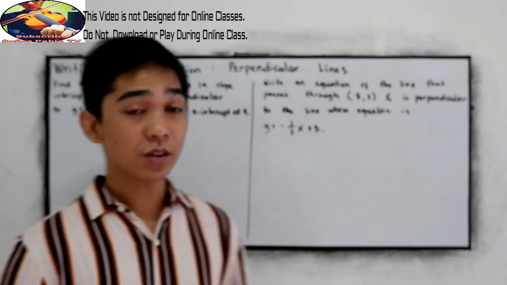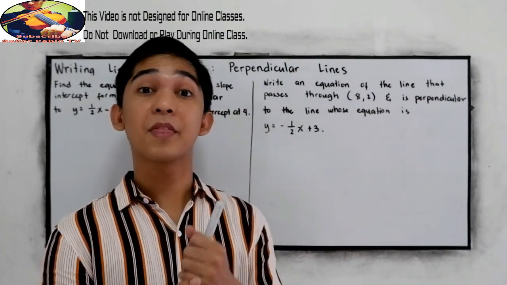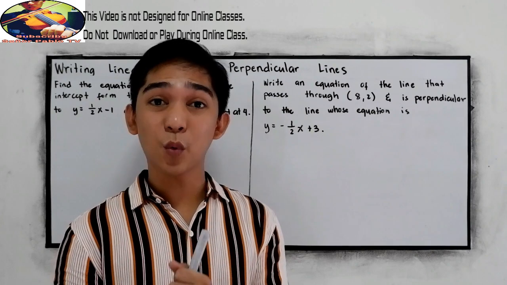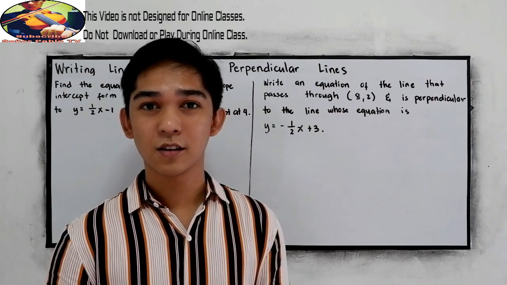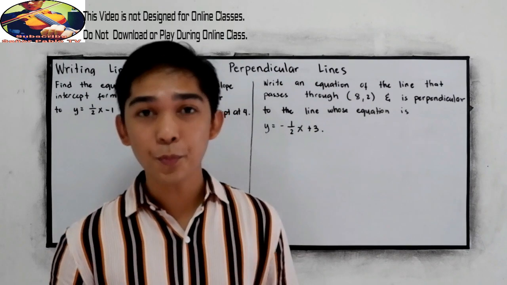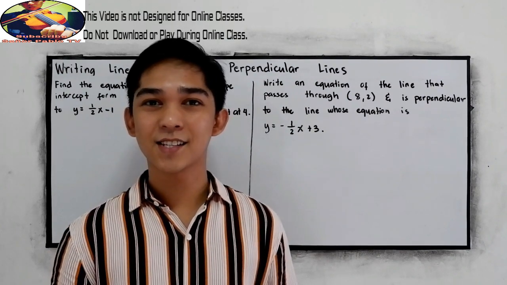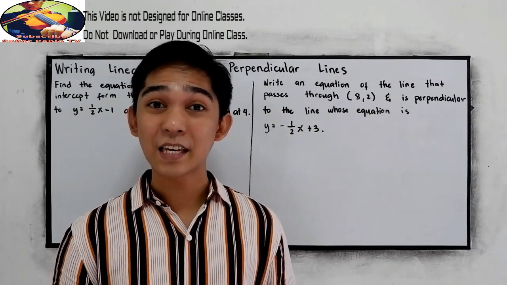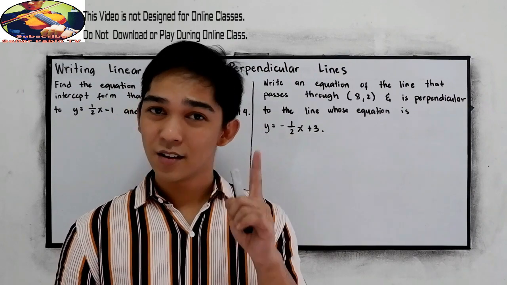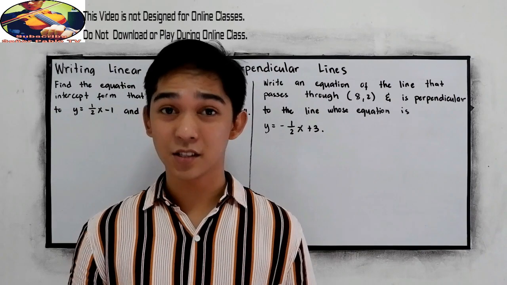Writing linear equation, this time we have the perpendicular lines. If two equations are perpendicular to each other, their slopes are negative reciprocals. To better understand, let's have this example.